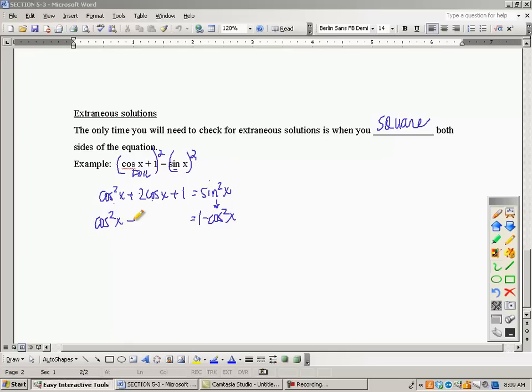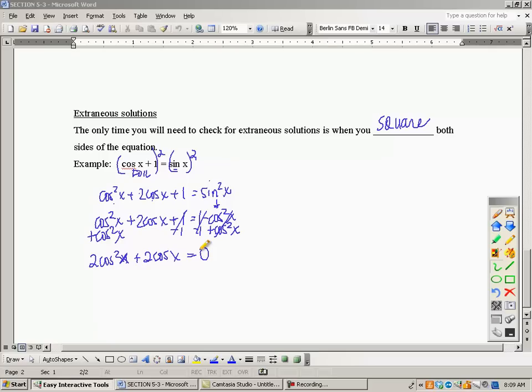And when I do that, I now need to move my values over. So I'm going to subtract 1, and I'm going to add a cosine squared. So I have 2 times cosine squared plus 2 times cosine, and 1 and negative 1 cancel, so I get to equal 0.